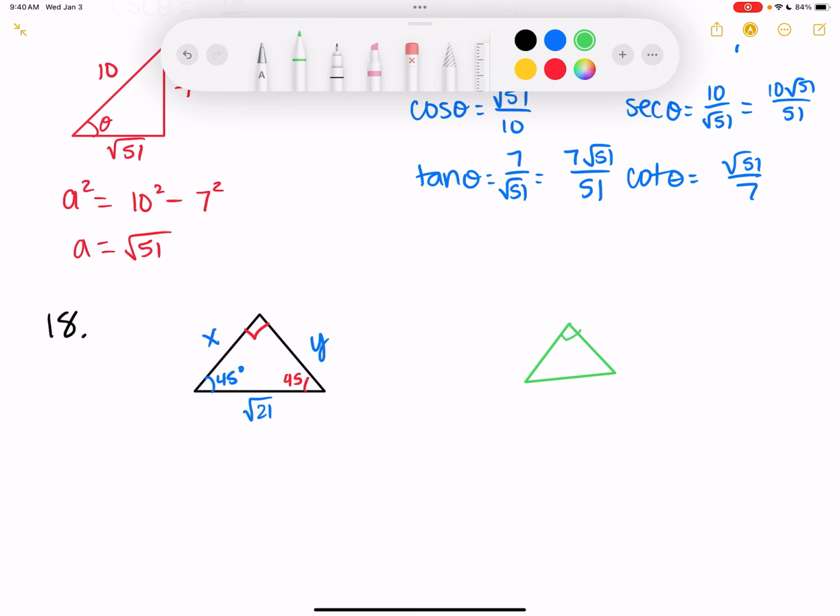Your basic 45, 45, 90 would have a side length of 1, a side length of 1, and a side length of the square root of 2. So I'm going to use this triangle and compare their side lengths to figure out what x and y are going to be.